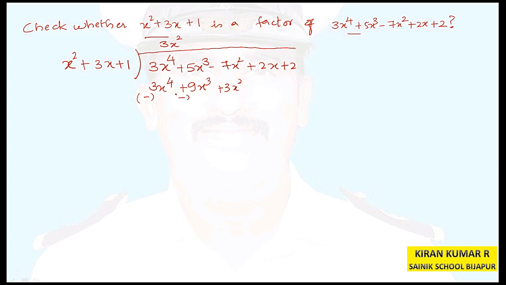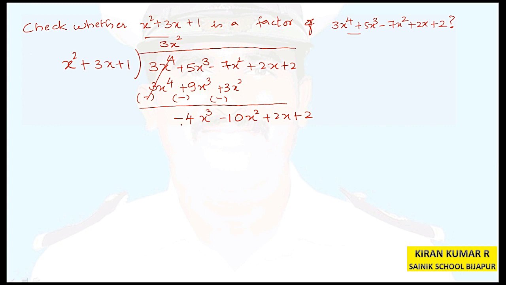Remember, we'll change the sign and add them. First terms get cancelled. Positive 5 and negative 9, we get the result as minus 4x cube. Then negative 7 and negative 3, when we add, we get negative 10x square. These two terms carry forward.